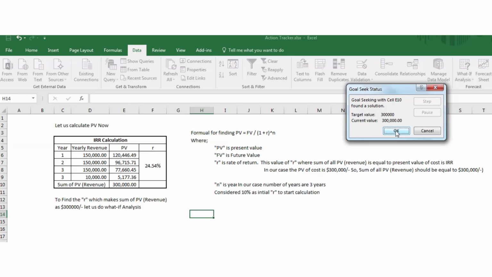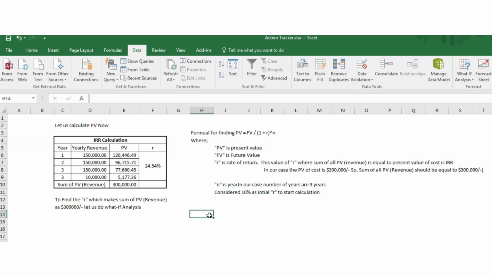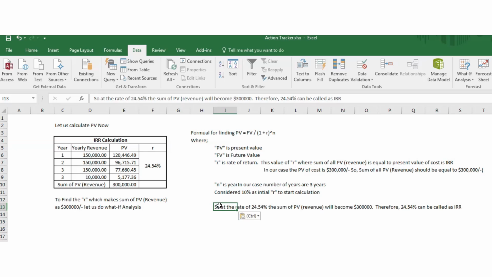We are seeing that it is 24.54%. So at the rate of 24.54%, the sum of PVs will become 3 lakhs, which means 24.54% can be called the IRR, that is internal rate of return. So that's about calculating IRR. Thank you so much for listening to this.